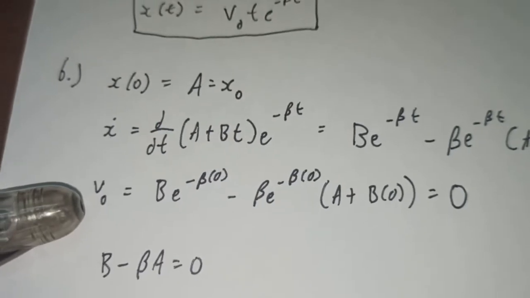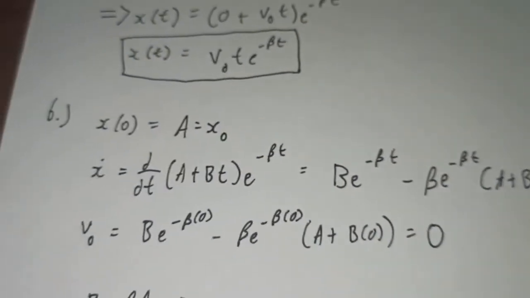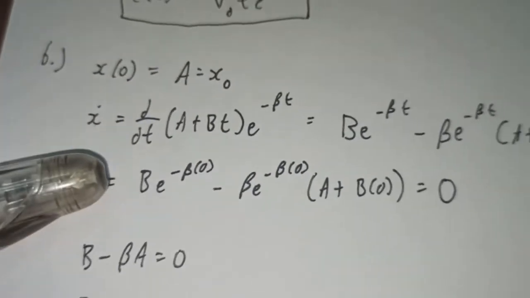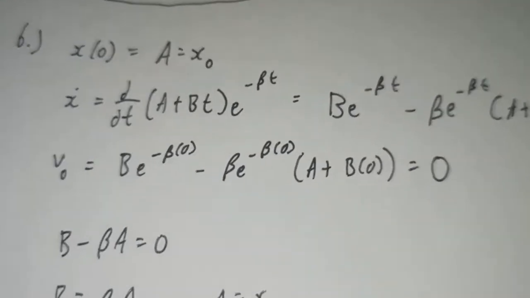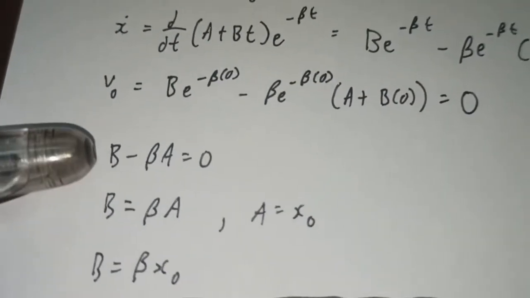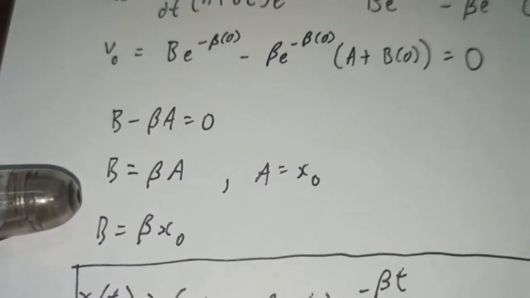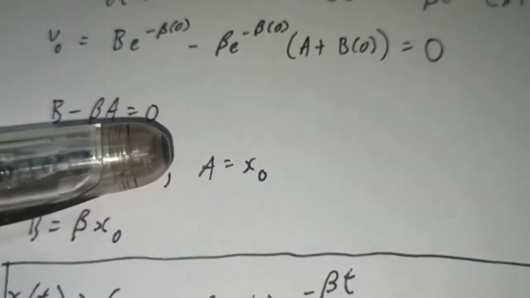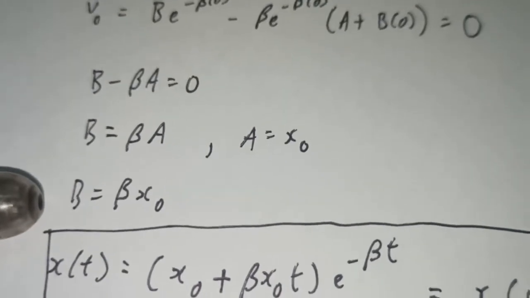Now the initial velocity is just equal to 0 since the cart wasn't pushed or kicked, and so we substitute t equal to 0 into the derived equation, and we arrive at this: b minus beta a is equal to 0, and then b is equal to beta times a. And we know from earlier that a is equal to x sub 0, and so b is equal to beta times x sub 0.